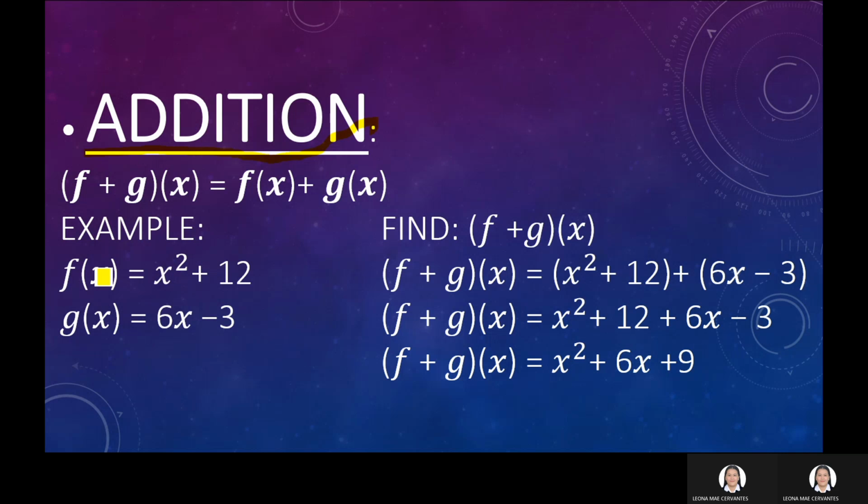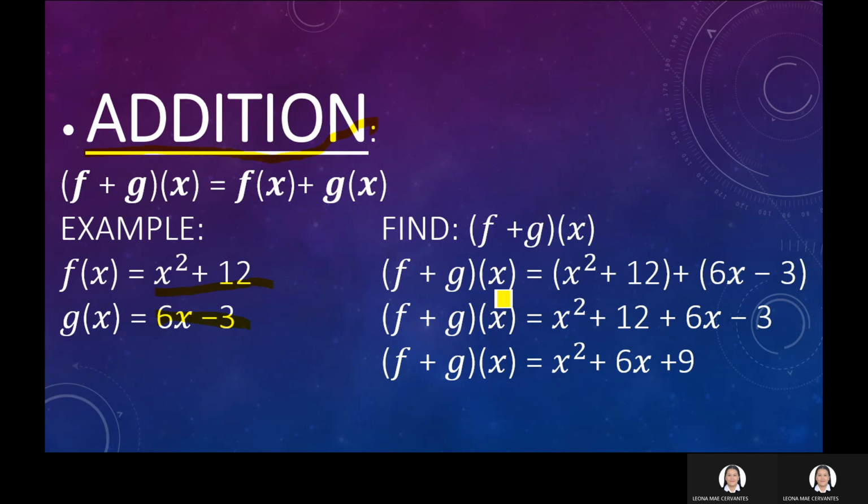So for example, the value of f of x is x squared plus 12. And the value of g of x is 6x minus 3. Now, let's find the f plus g of x.